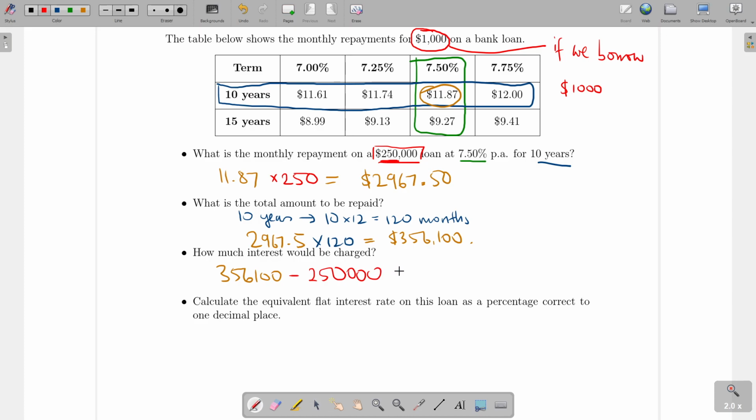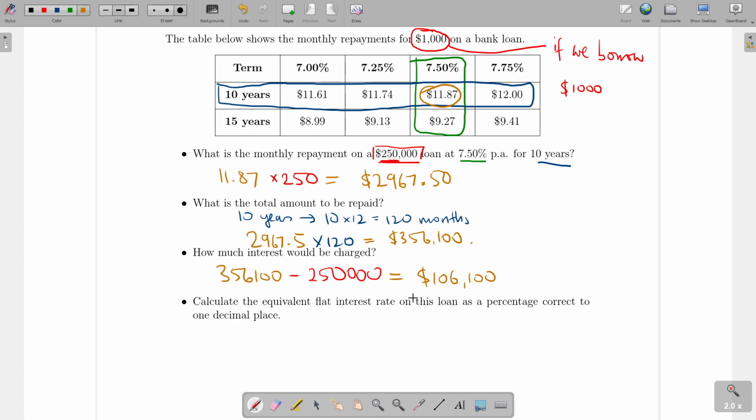And that's going to tell us just the amount of interest charged on this loan. And so, of course, that would be $106,100. So the interest is always the difference between what we actually paid and how much we borrowed at the beginning.